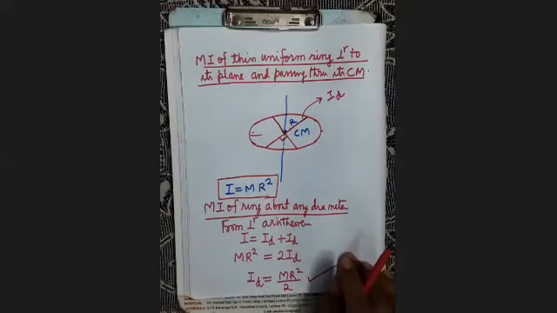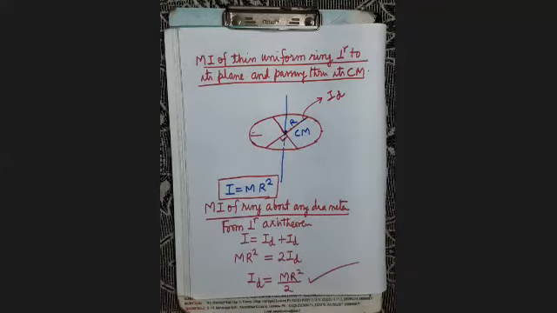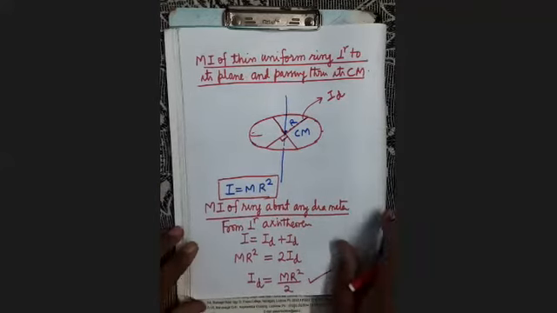It's clear. Now after this, moment of inertia of a thin circular disc. Disc means it is just like a CD. Moment of inertia of the disc.